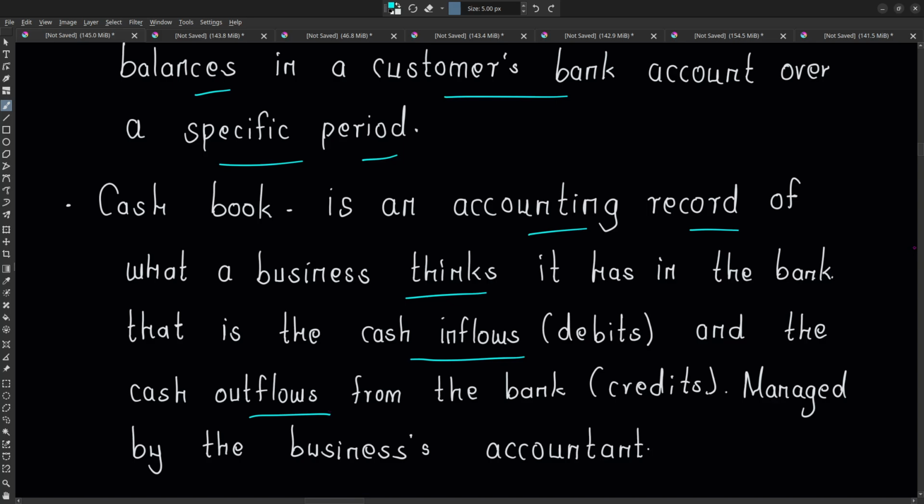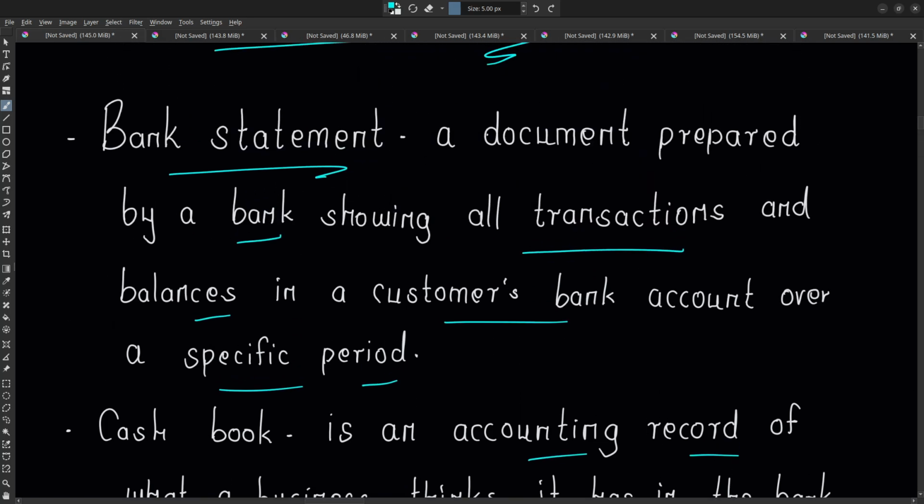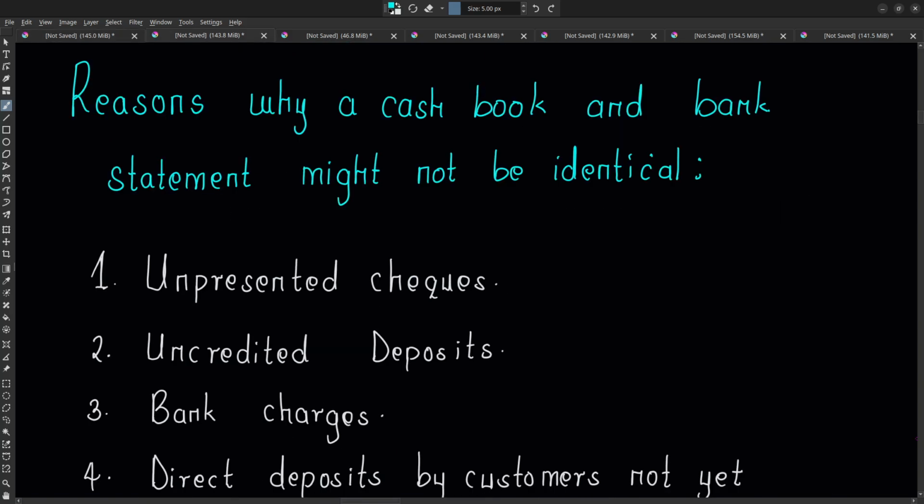So at the end of a certain period of time, we can create something we call a bank reconciliation statement, because a cash book may have a different balance from the bank statement.